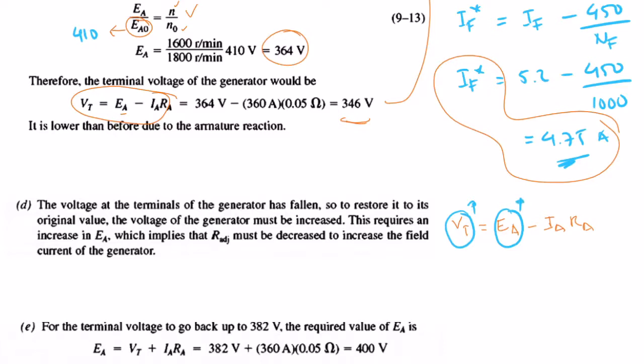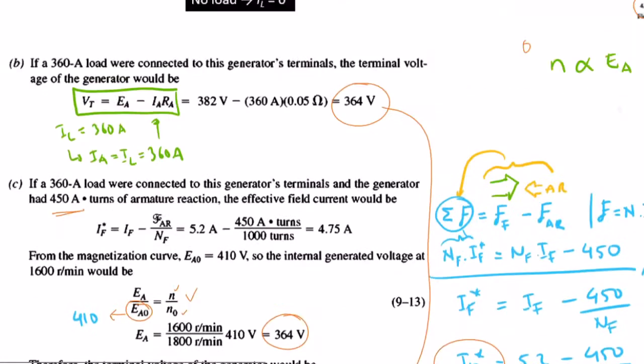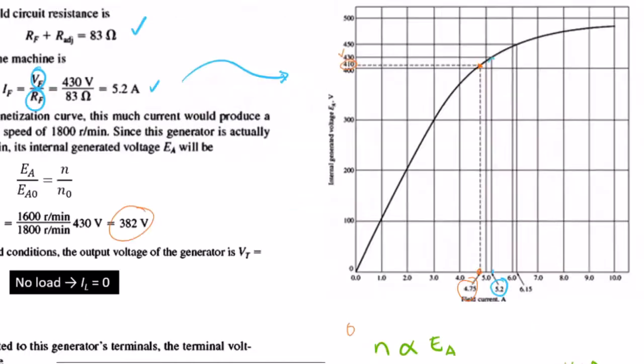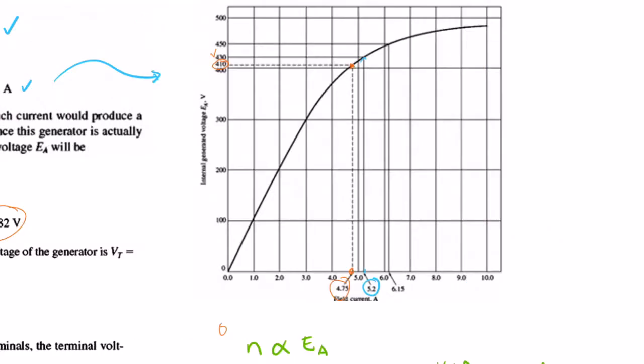If you go to the magnetization curve, to increase EA, it means we have to go in this direction. It means that we need to increase the field current as well.